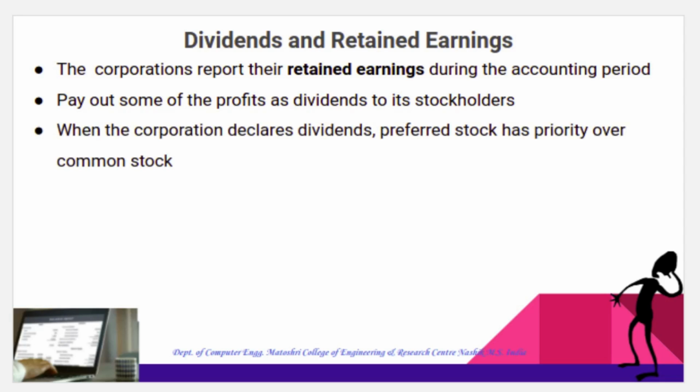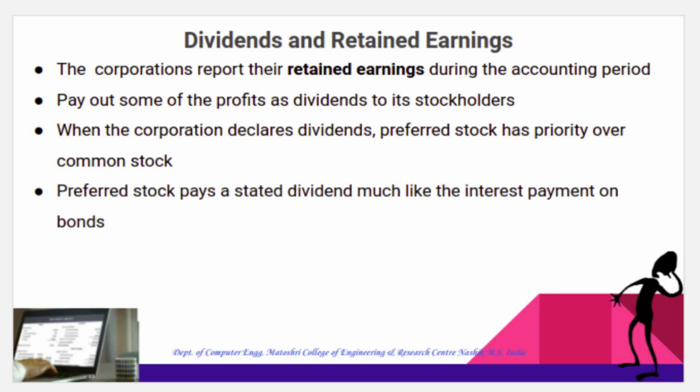When the corporation declares dividends, preferred stock has priority over common stock in regard to receipt of the dividend. Preferred stock pays a stated dividend much like the interest payment on a bond. The dividend is not a legal liability until the board of directors has declared it.